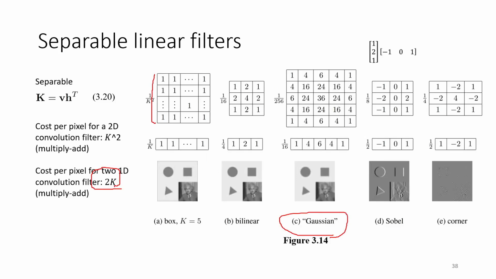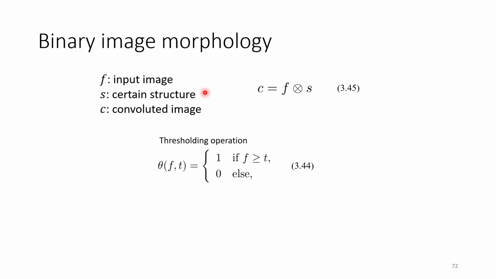Okay, there are 5 different kernels. 1, 2, 3, 4, 5. Here kernel means it's a small patch. There are some values on the patch, and for binary sets, you have a certain kernel, but here we call it a structure.